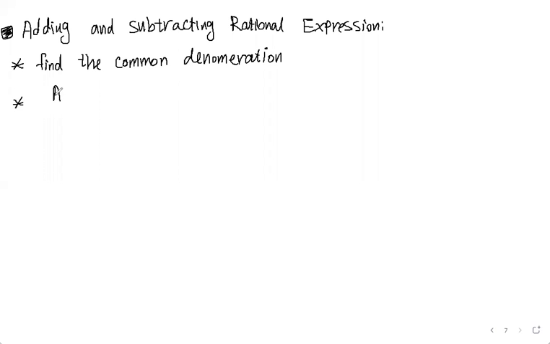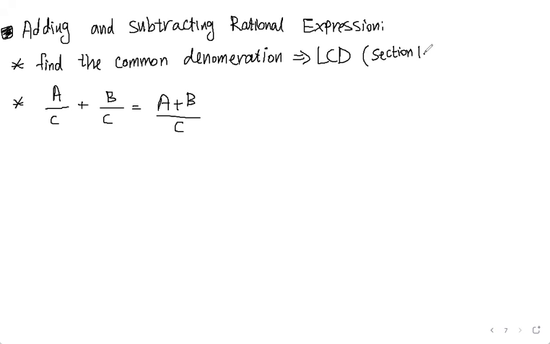Second, we use this property: after we find the common denominator, A over C plus B over C gives me A plus B over C, because the denominators are equal. Makes sense? We can find it by the least common denominator from section 1.2.